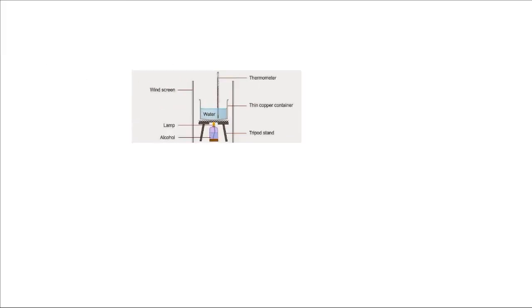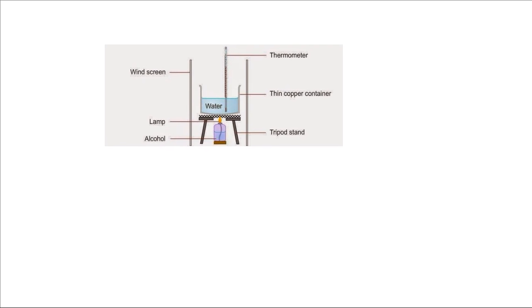Now, this is the result that is obtained. That is the thermometer that will help us to know the temperature. That is ethanol in the bottle. We have a wick inside, then a thin copper container having the water being heated.